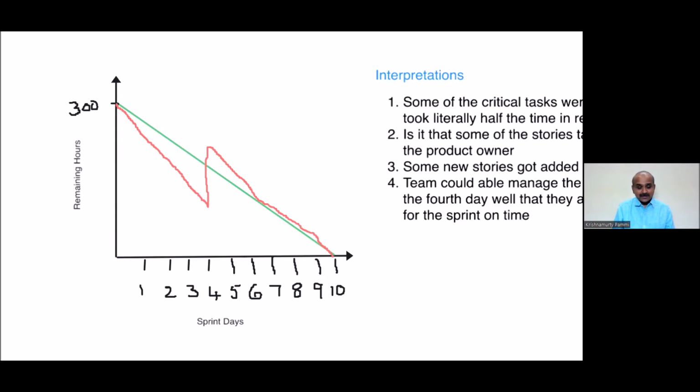Good. If they are able to leverage the reuse, that is good, but that has to be identified during sprint planning. Why could they not do that during sprint planning, right?